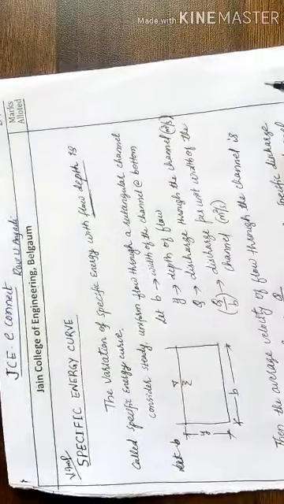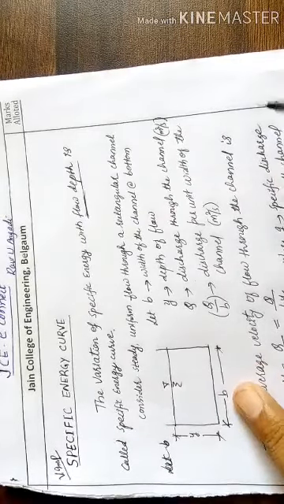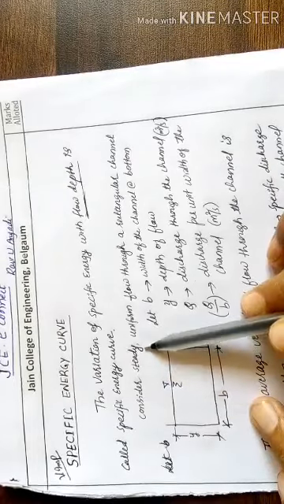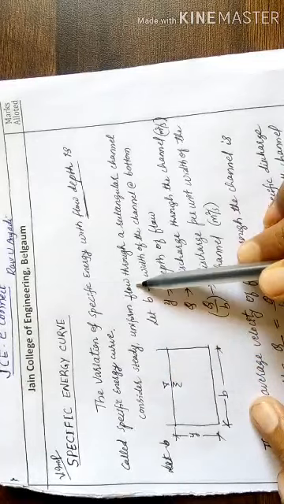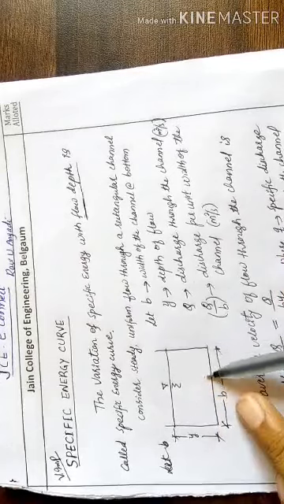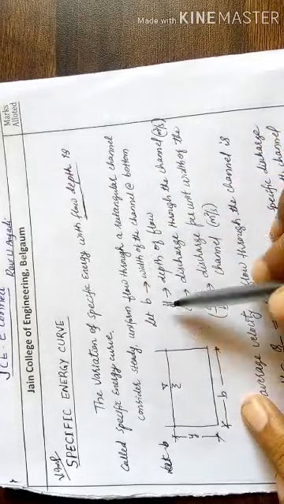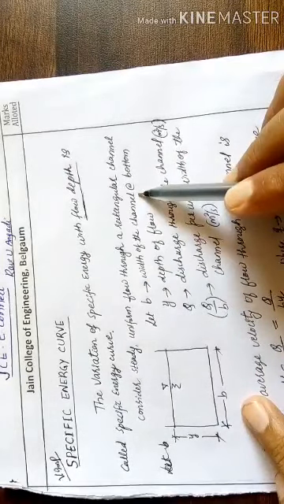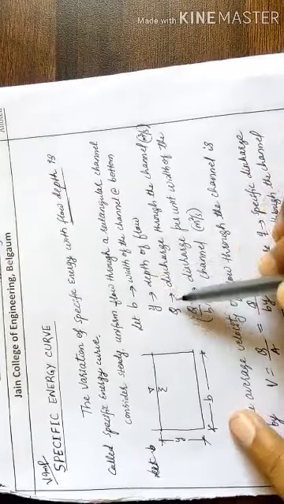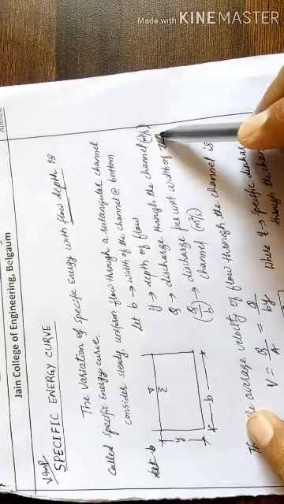Let us consider a rectangular channel section to understand the specific energy curve, and in that section let us consider steady uniform flow. Let B be the width of the channel at the bottom and y the depth of flow in the section, and Q the discharge through the channel in meter cube per second.